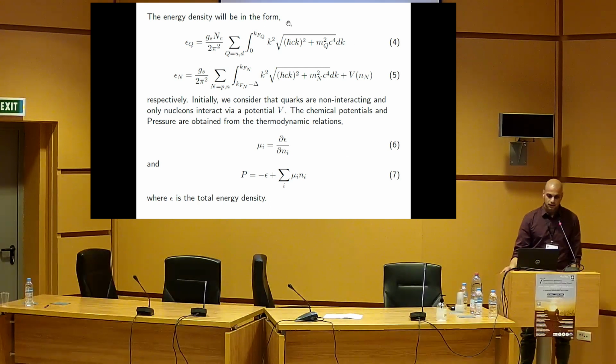First, for quarks, we sum over the up and down quarks. And for the nucleons, in the general case, we have neutrons and protons. We'll see in the model how this will change. Initially, we consider that quarks are non-interacting, and only nucleons interact via a potential. Finally, we compute the chemical potentials for each species of matter and the total pressure to construct the equation of state.